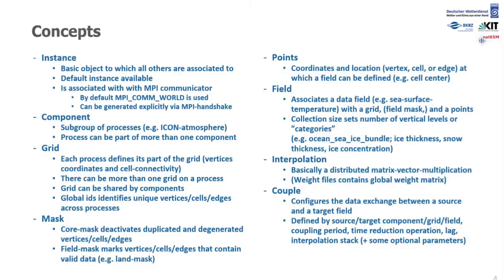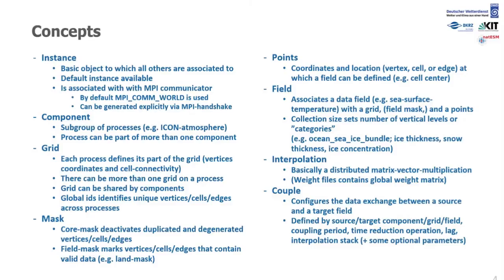Duplicated cells can occur if you have, for example, a regular grid that goes around your pole, and then at the ends it overlaps with itself. Then you can have duplicated vertices, and you can deactivate them to avoid internal issues. In ICON, the core mask is used to deactivate the local halo cells because it is assumed they do not contain valid data anyway.